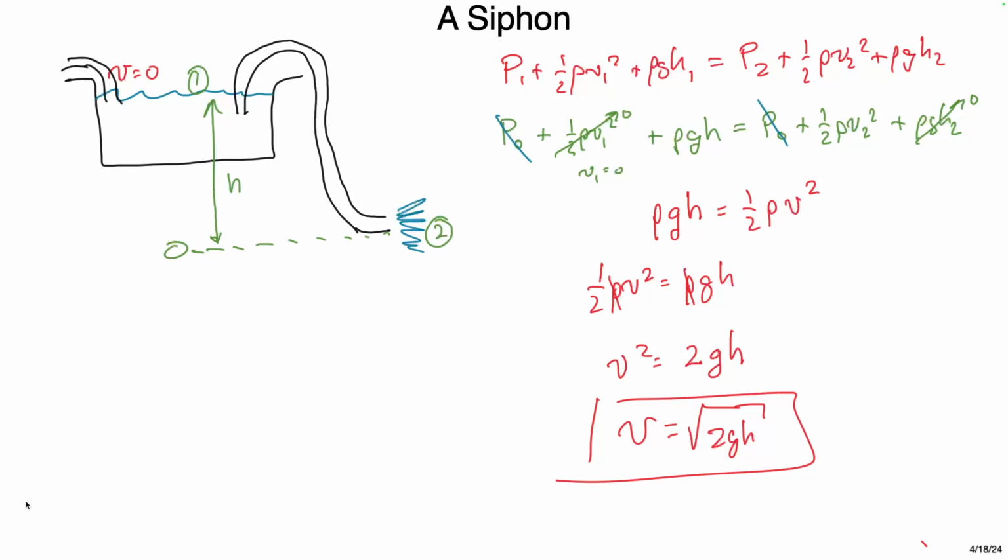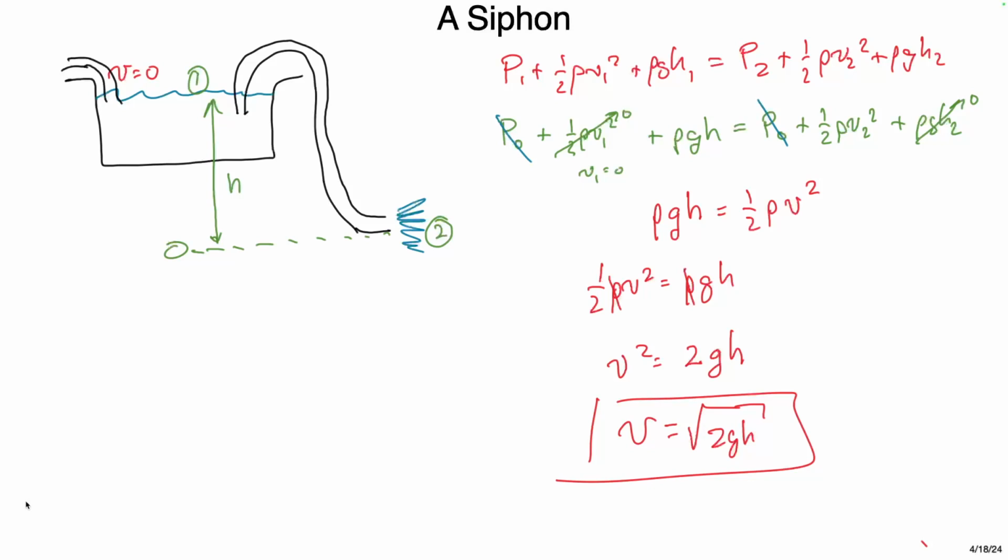What question did we ask? How fast does water flow when it falls through a height h? That's what a siphon is.